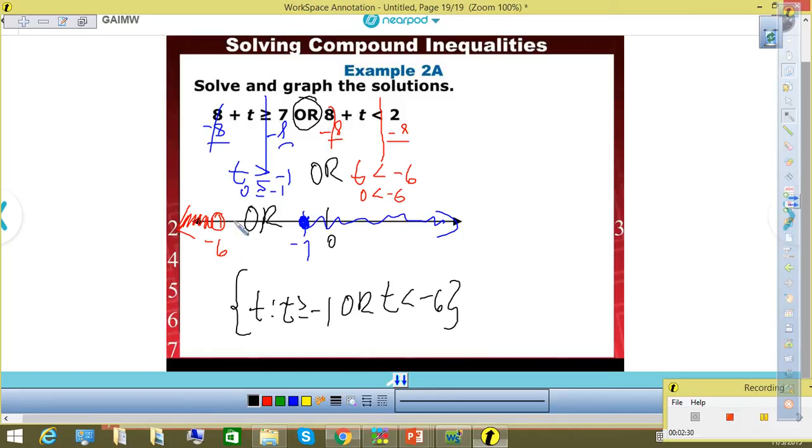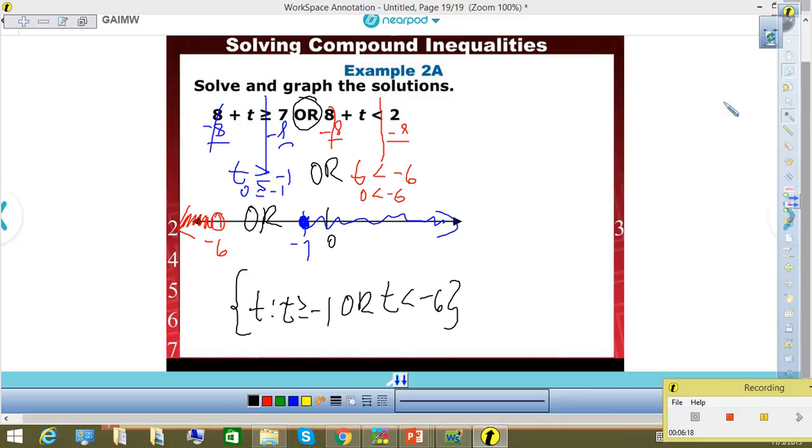Talk it up with your neighbor. What does it mean about this empty space? Therefore, the solution set is anywhere on this side or this side except for this empty space. Does that make sense? Copy that, please.